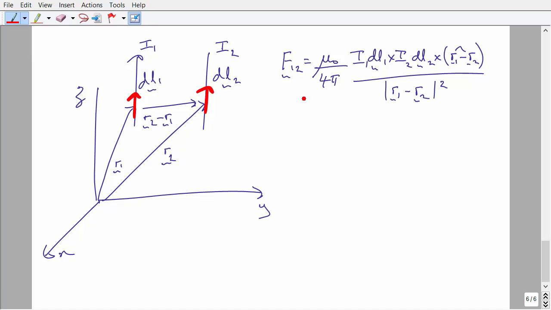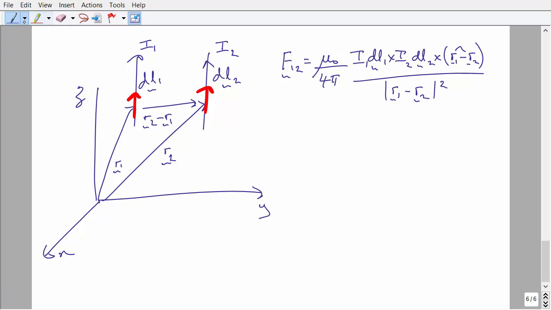Okay, so here is our force law. I've written this as F12, and I mean here the force on element 1 due to the presence of the current flowing in element 2. In this particular configuration, where the currents are parallel, the force is attractive.